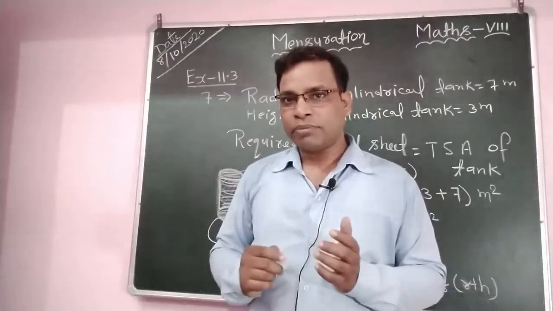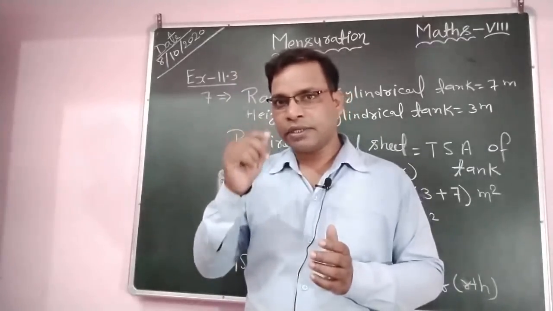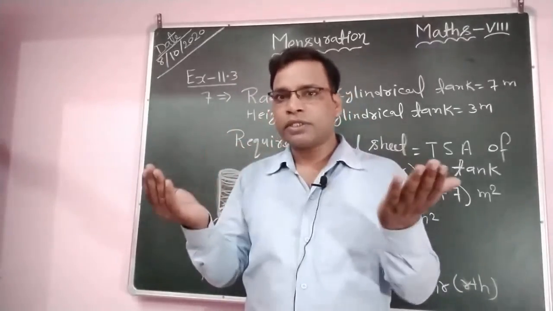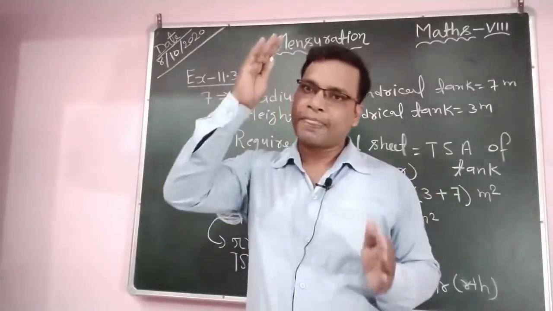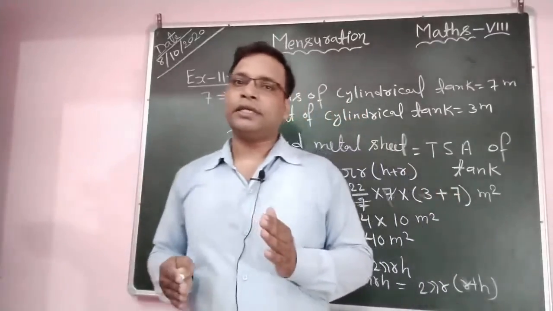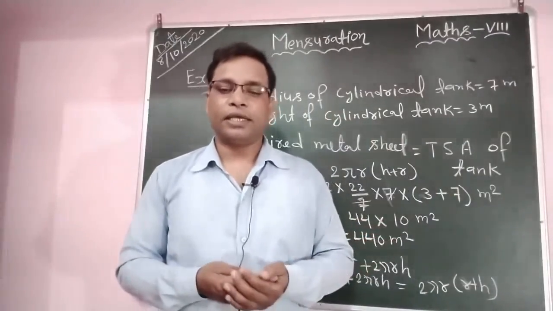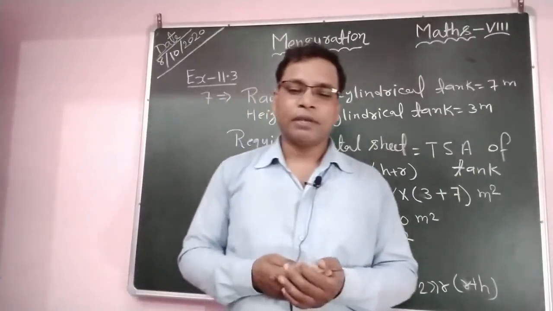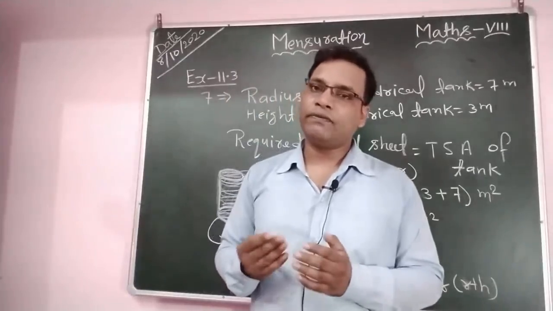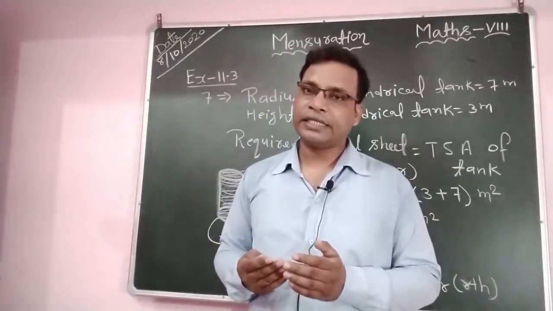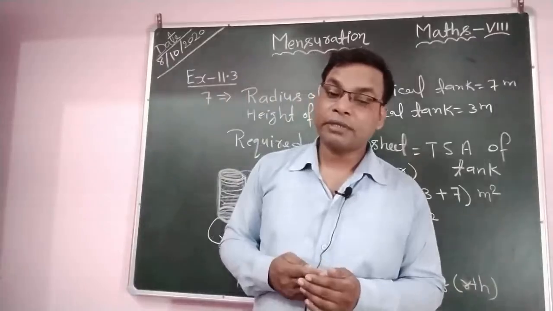Then we obtain a rectangular shape. Obviously, if you cut any cylinder along its height, we obtain a rectangular shape, a rectangular sheet of width 33 centimeters. Find the perimeter of the rectangular sheet.